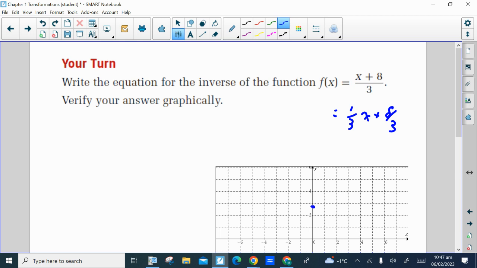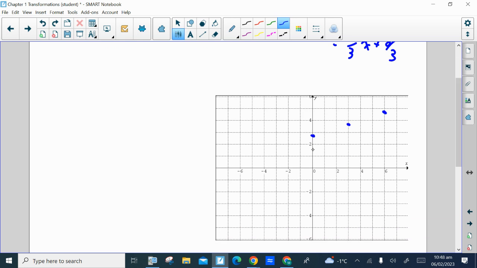And the slope is 1/3, so we can rise 1 and run 3. We have room to rise 1 and run 3 one more time. We could also rise negative 1 and run negative 3. That works as well.